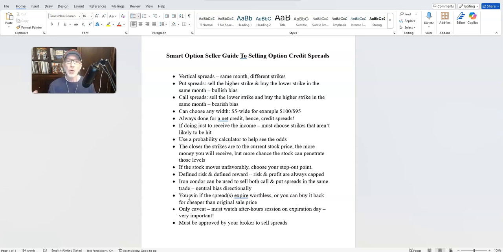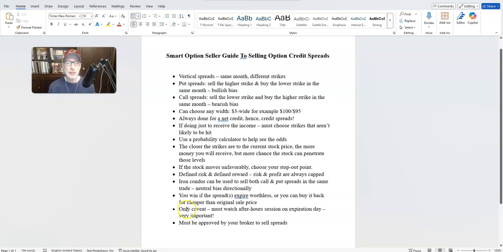Or you can buy it back cheaper. If you sell the spread for $1 per spread, you can buy it back for 75 cents a spread, 50 cents a spread. You don't have to hold on to it until the very end. You can buy it back whenever you wish. If you've got some money captured, you can lock it in, buy back the spread, and the trade will end.